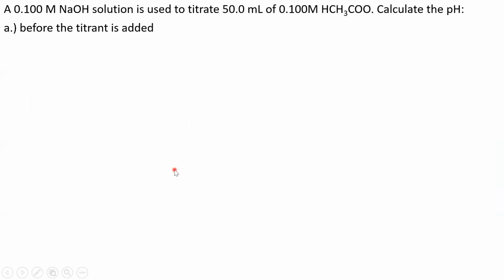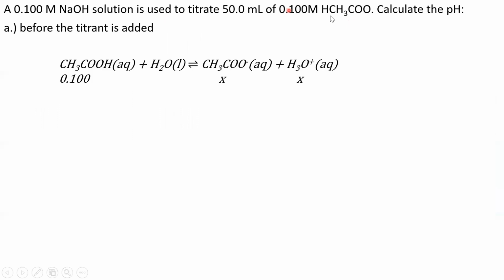Now, before we add any titrant, this is what we have in the solution, but acetic acid is a weak acid. Since it's a weak acid, we're going to have an equilibrium that's going to be established. So we've got our acetic acid reacting with water, producing acetate and hydronium.